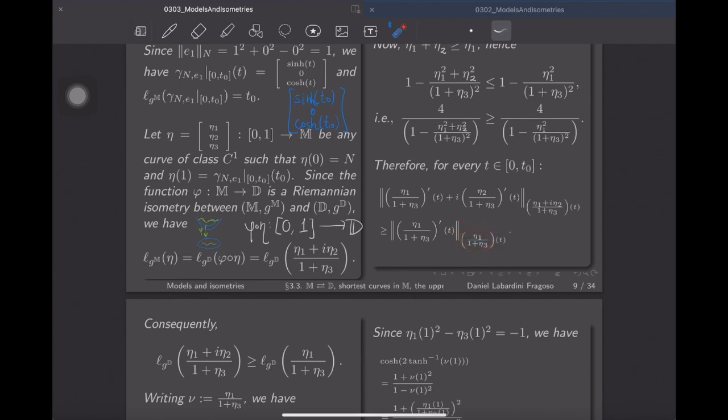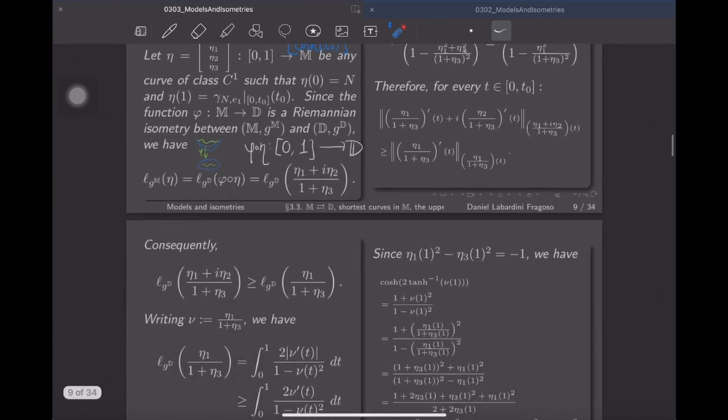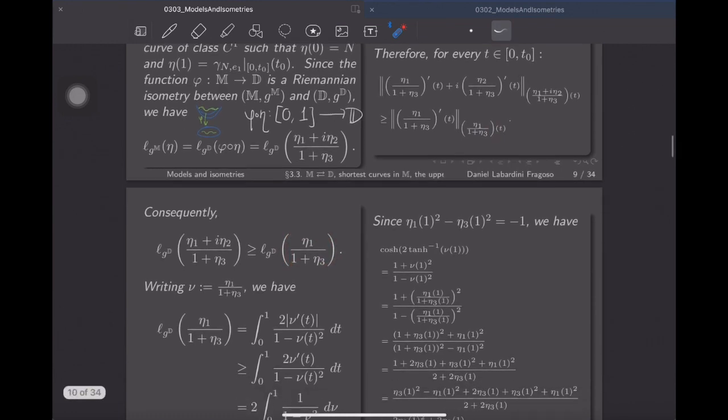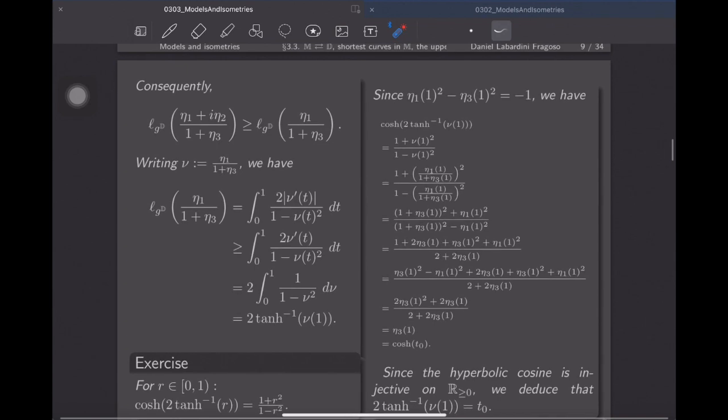Is it clear what I'm saying? Yes. So the length of this one is greater or equal than the length of just this curve without the imaginary part.